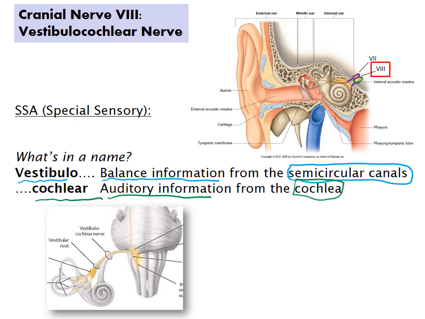It's the internal auditory meatus because where's the external auditory meatus? That's here. That's the ear canal itself. And so cranial nerve number 7 and cranial nerve number 8 are both transmitted via this internal auditory meatus. And if there's a problem within this meatus affecting one, it usually will affect both.